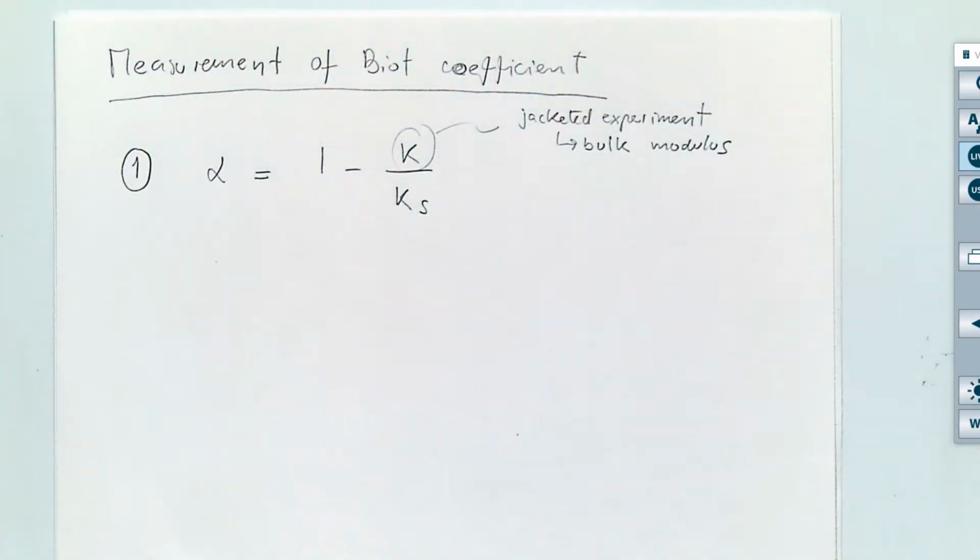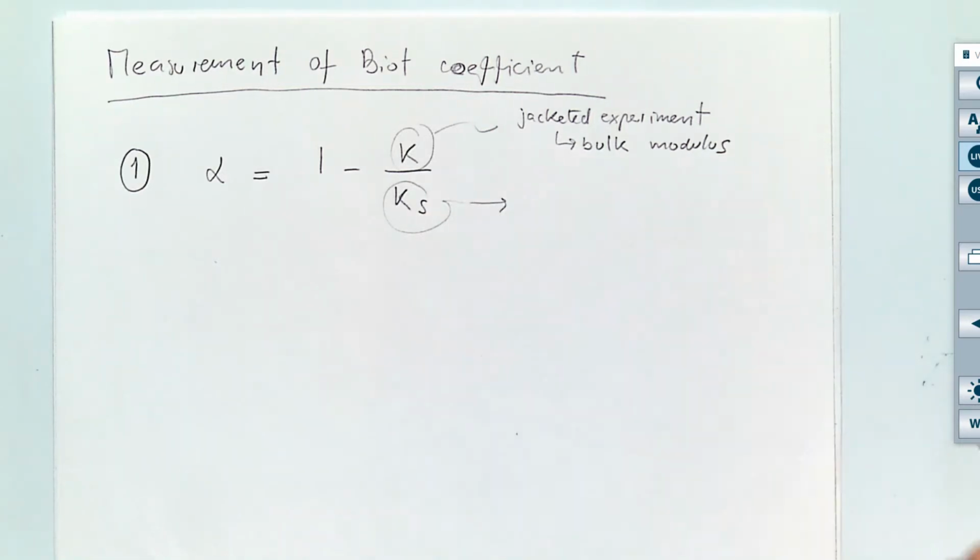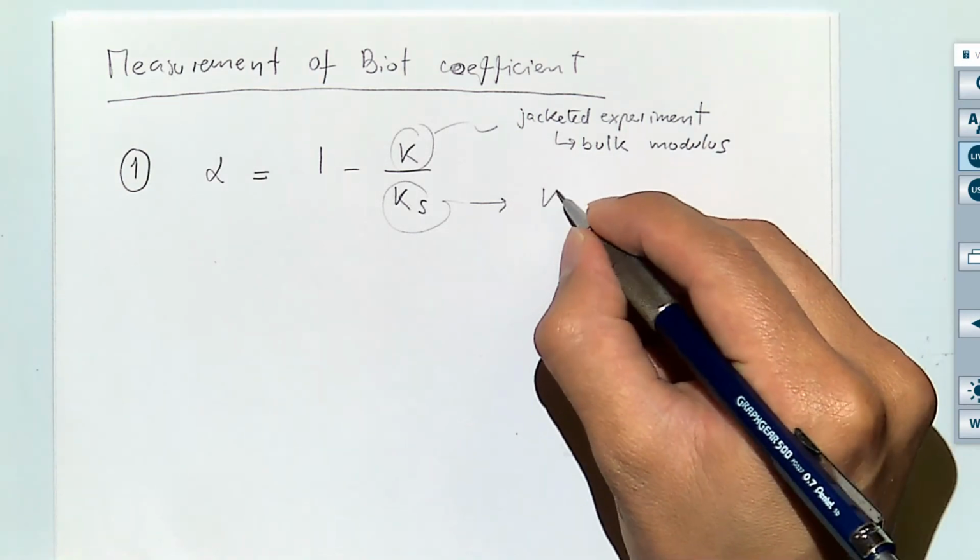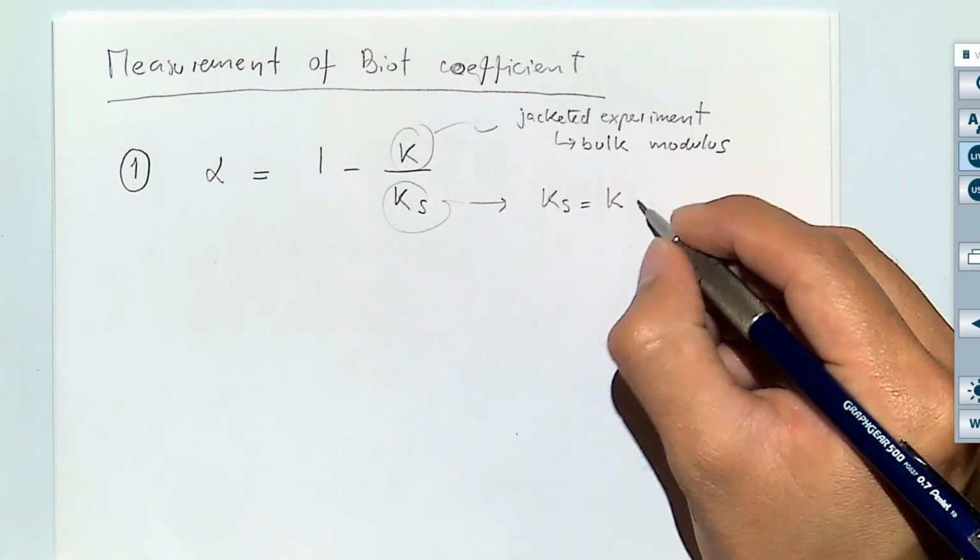You calculate the volumetric strains, or you calculate the linear strains, you add them, you get volumetric strain, change in pressure divided by volumetric strain gives you K. That's a good measurement, okay? However, how do you measure Ks? And that's where the problem comes. If you want to do just a simplification, you will use Ks as K of the mineral.